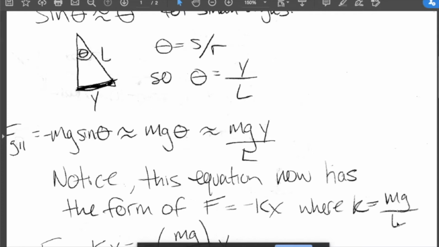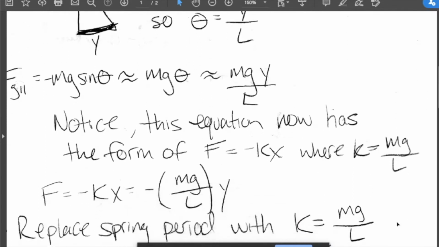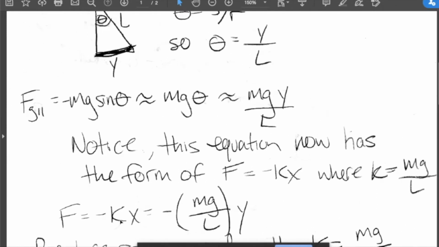The length of the string is not going to change. The mass of the thing at the bottom is not going to change. And g on the surface of the Earth is not going to change. So effectively, it takes the form F equals negative kx. Instead of writing F equals negative kx, we're going to write F equals negative our constant here, mg over L, times the displacement y.